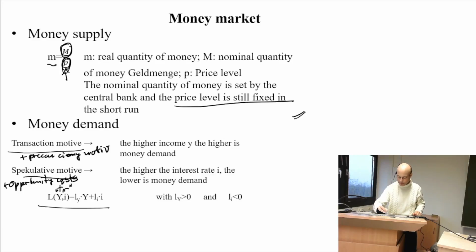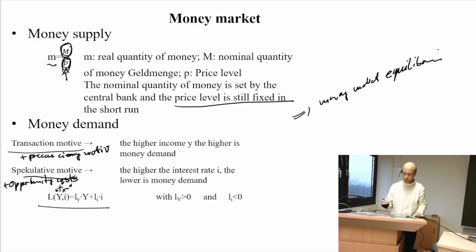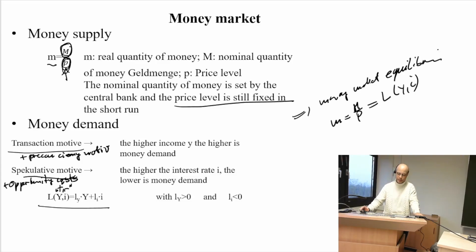And then money market equilibrium would be just if the condition M over P equals L, the liquidity preference of Y and I, holds.